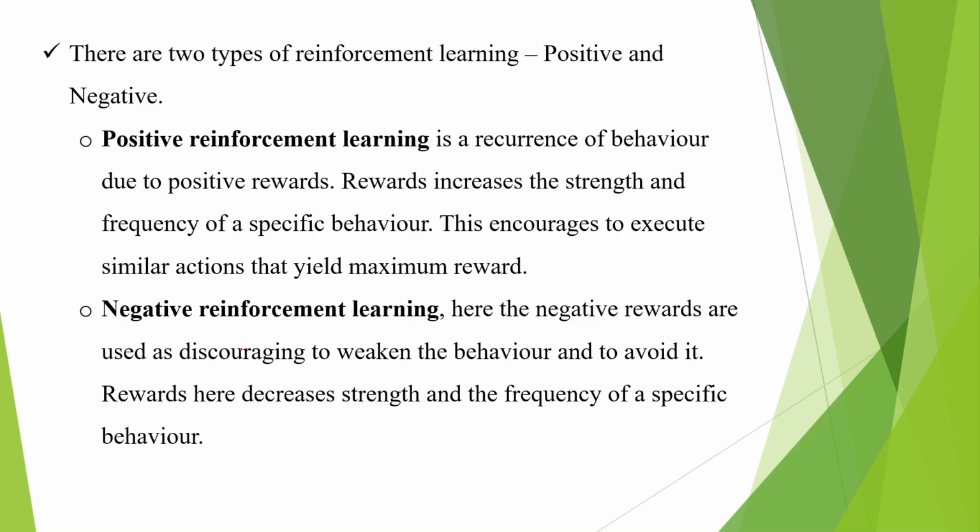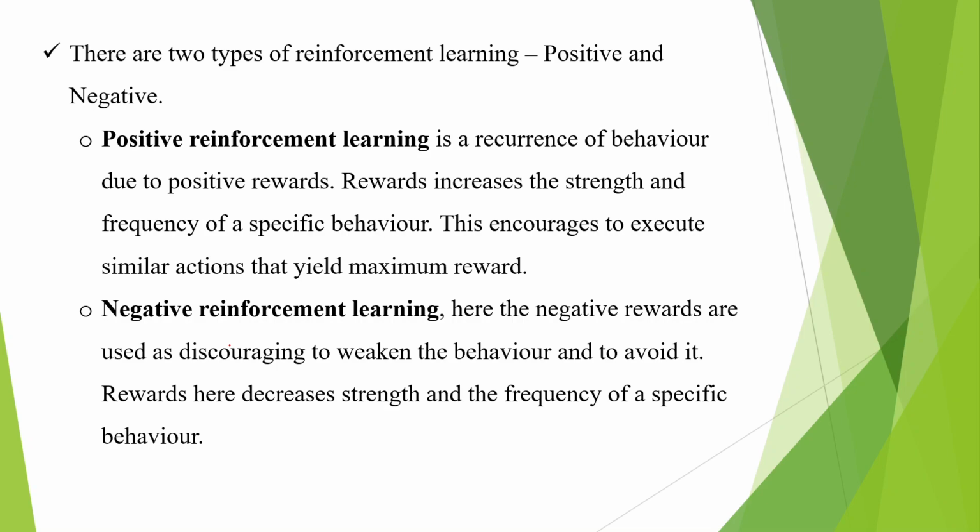There are two types of reinforcement learning: positive reinforcement learning and negative reinforcement learning. There is not much difference between the two. Both can be considered similar approaches, but the reverse of each other.